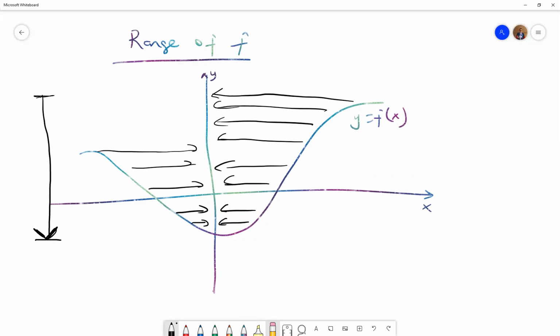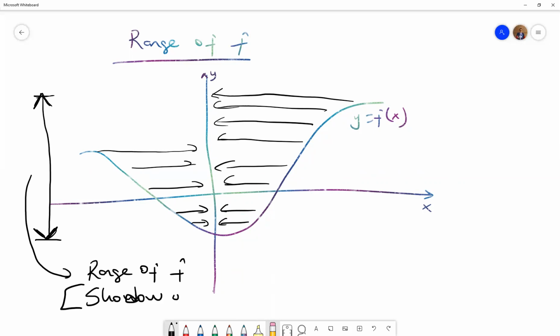Here is the range of f. How can we find it? This is the shadow of the curve on the y-axis.